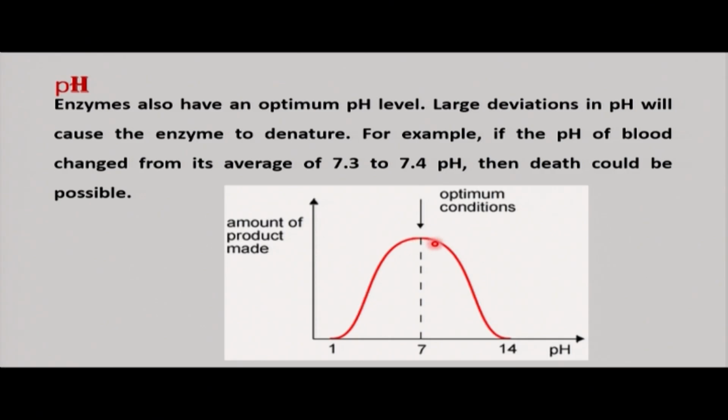Going beyond, we start to denature the enzyme. That means the shape of the active site of the enzyme will change, and the substrate is no longer able to fit into the active site. So what will happen? Enzymes will be denatured, and they will not catalyze the substrate. So pH is a very important factor.